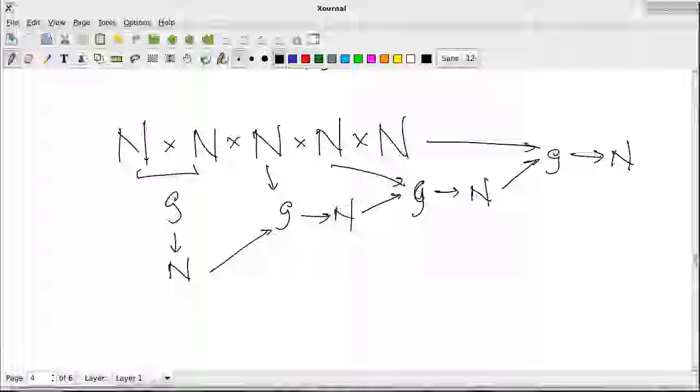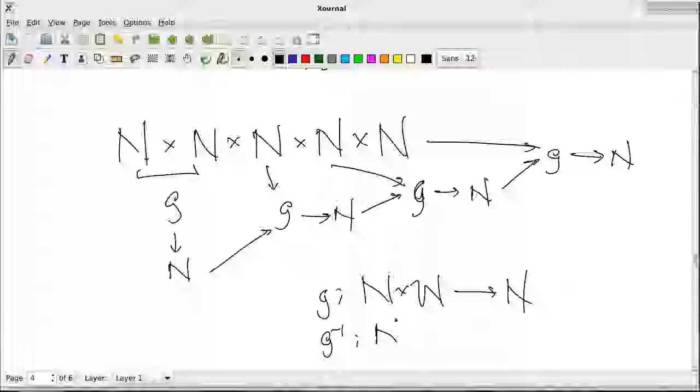If you just give me a natural number, in the case of N cross N to N, and this is g, then I have an inverse function g to the power of -1 that will map a natural number back to a coordinate in 2D space, because we are just reversing the domain and the codomain. So now the question is, how do we figure this one out?